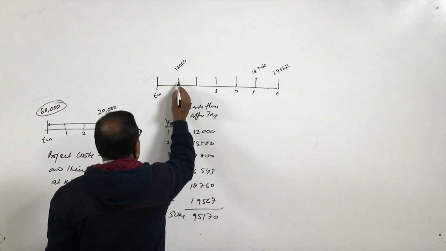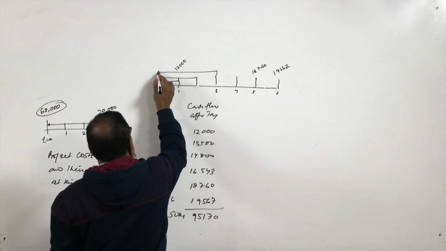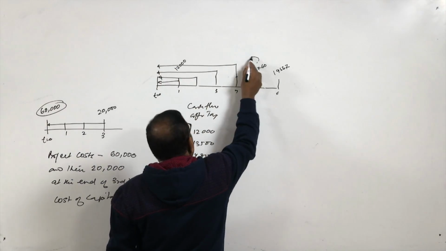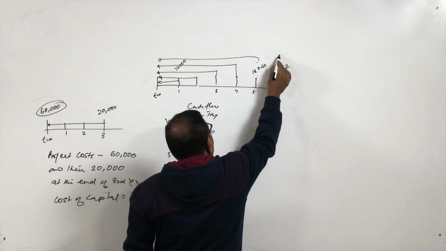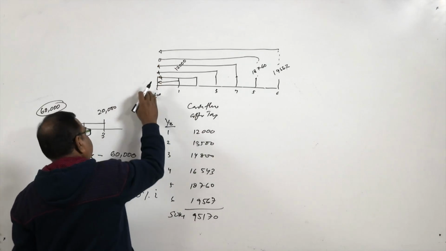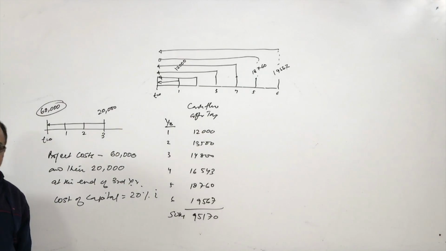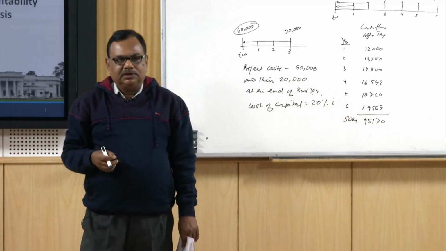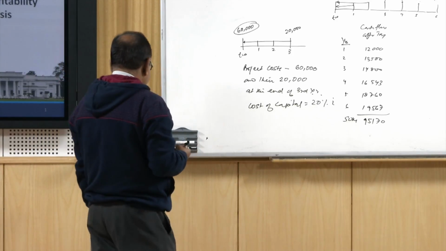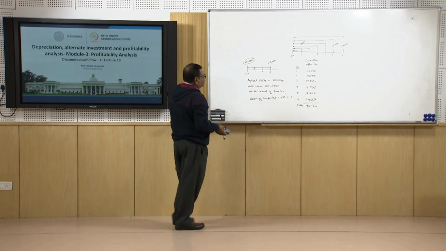So, all this has to be brought to the 0 timeline. And then we add these values up, then take a difference and see whether the NPV, net present value, is positive or negative. So, let us solve this problem.